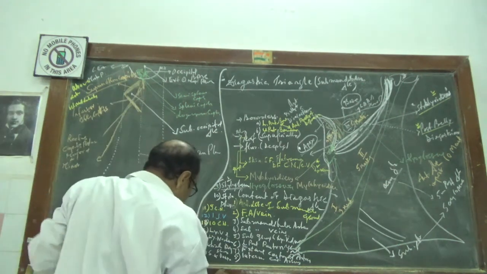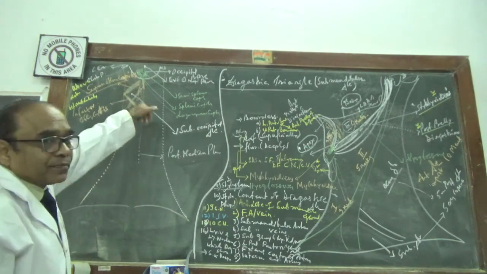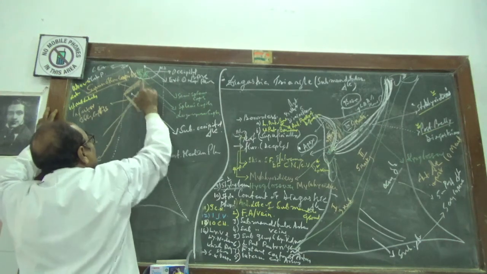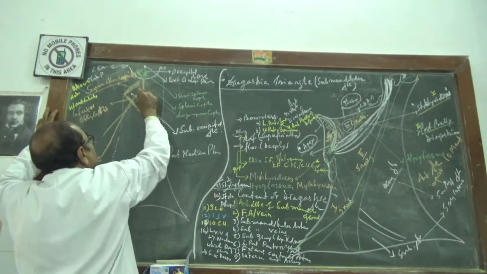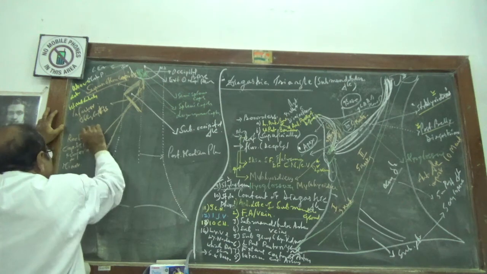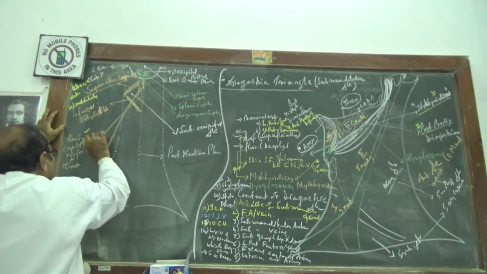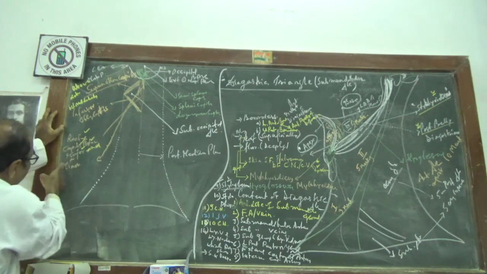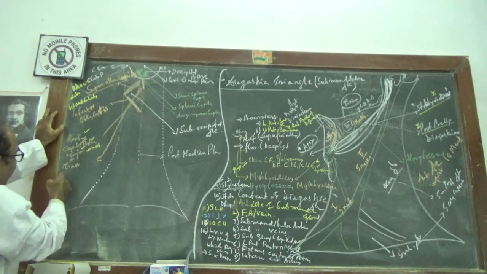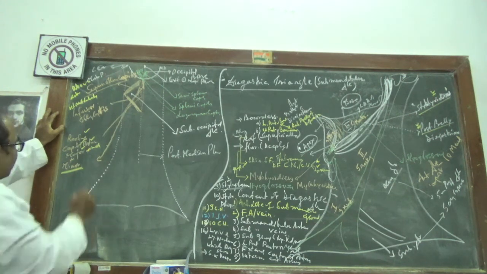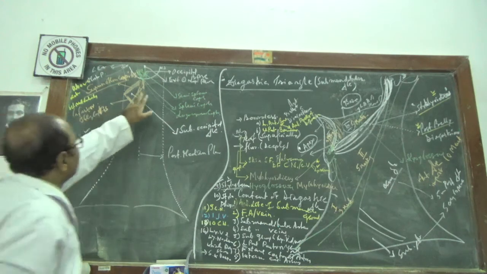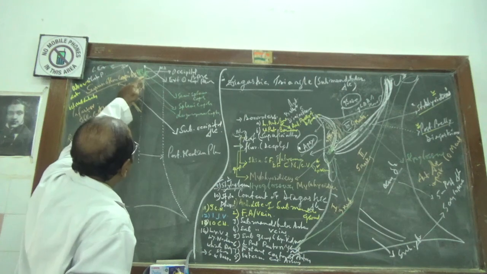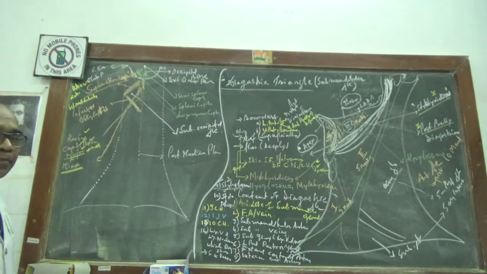Now medially, there are two muscles, rectus capitis posterior major and rectus capitis posterior minor. Major will be superficial, minor will be deep.